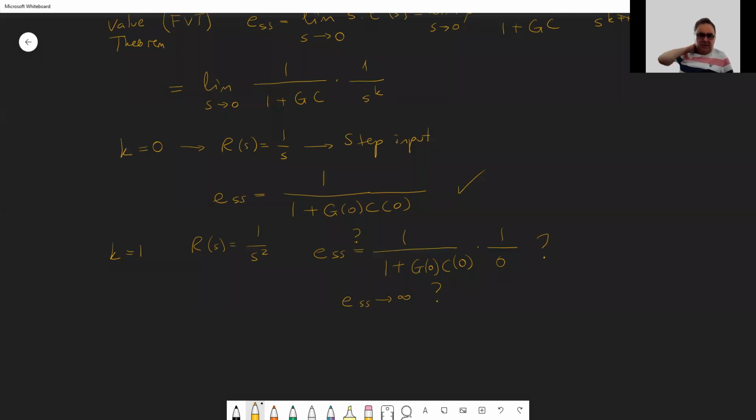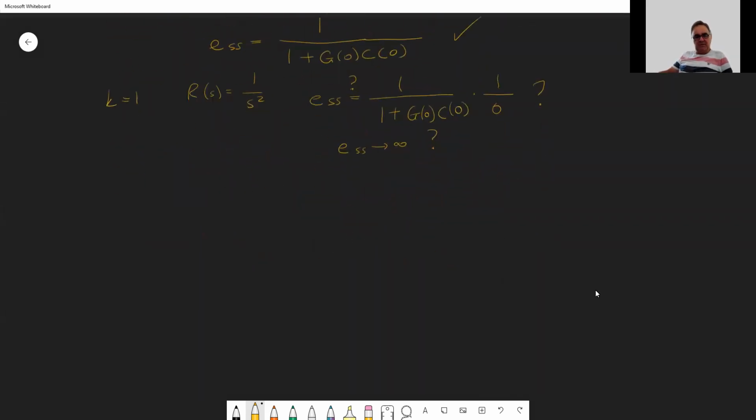In some cases it might actually, but we will analyze this. It is possible that it doesn't go to infinity. Actually, it usually doesn't, but we have to be a little bit careful here. It doesn't go to infinity when either G or C has a free S term inside it. When there is an S term, that S term is going to cancel that S over here.